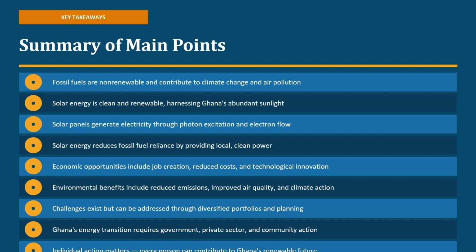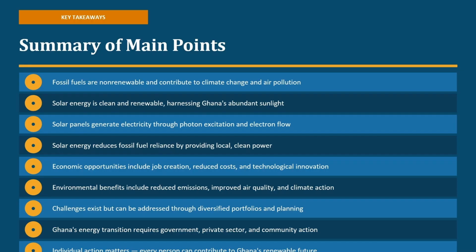Then solar panels generate electricity through photon excitation and electron flow. Then solar energy reduces fossil fuel reliance by providing local clean power. Then economic opportunities, including job creation, reduced cost, and technological innovation, are some of the advantages of using solar electricity. Then environmental benefits include reduced emission, improved air quality, and climate action.